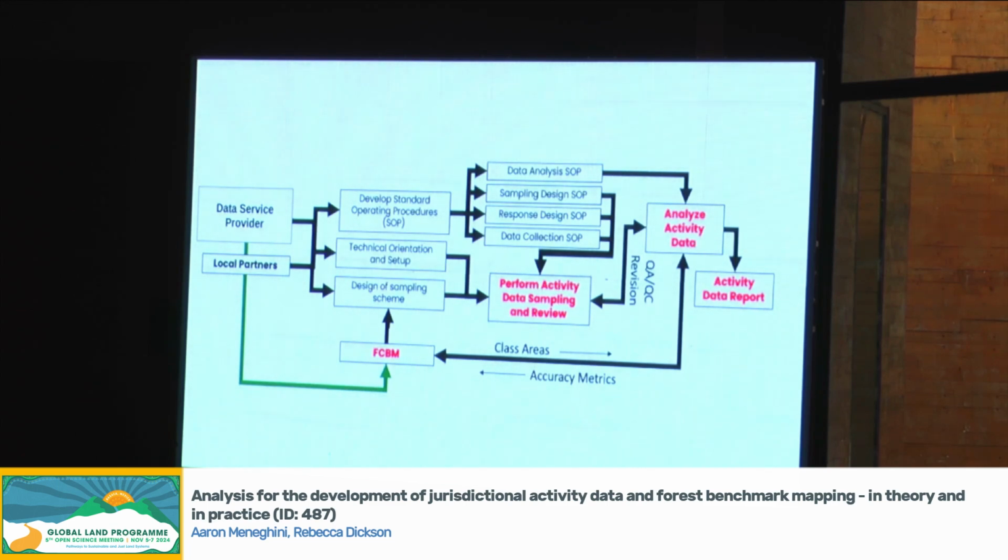We're going to then perform our activity data sampling and label our samples for forest persistence and loss. We will have an FCBM that will inform our sampling scheme, as well as help us calculate the area of deforestation. And I will get into how these two interplay. The activity data may also inform upon the accuracy of the FCBM itself.